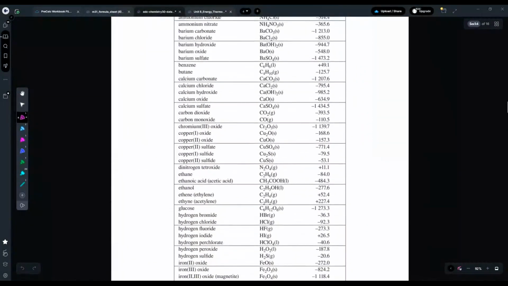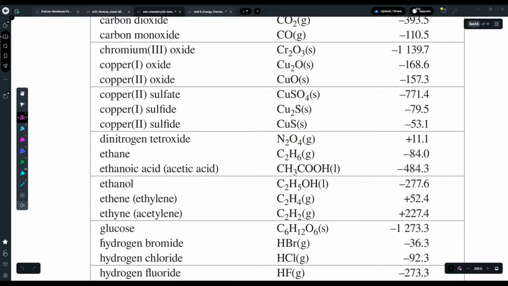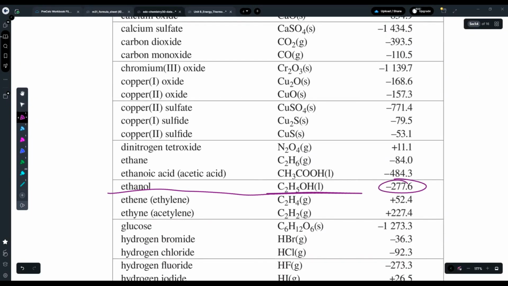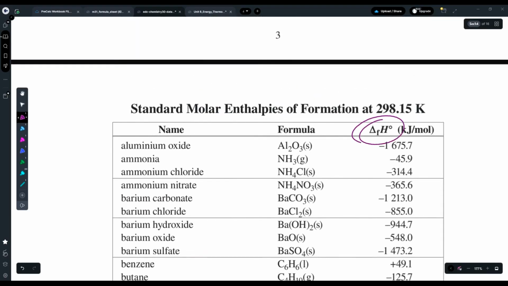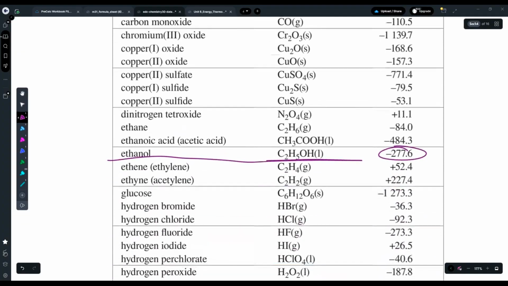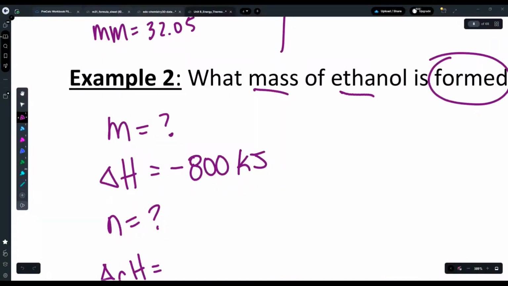Okay, so let's find ethanol. Here we go. This is where it is. The molar enthalpy of formation of ethanol, because remember that's what all of these are, and the units are kilojoules per mole, is going to be negative 277.6.